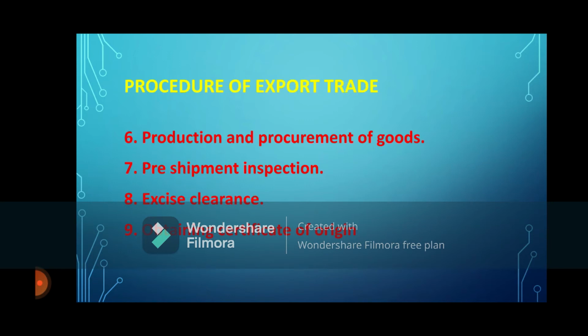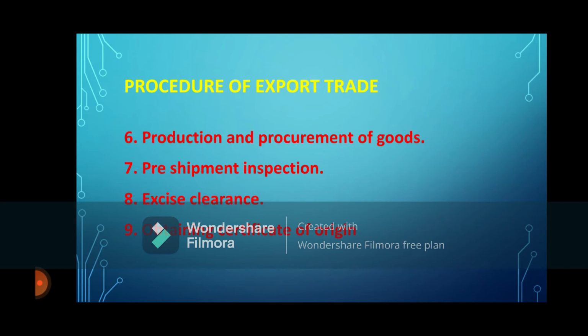Next is obtaining a certificate of origin. Certificate of origin means by whom the good is produced. Importing countries provide tariff concessions to the goods coming from a particular country. To avail of such a benefit, the importer may ask the exporter to send a certificate of origin.